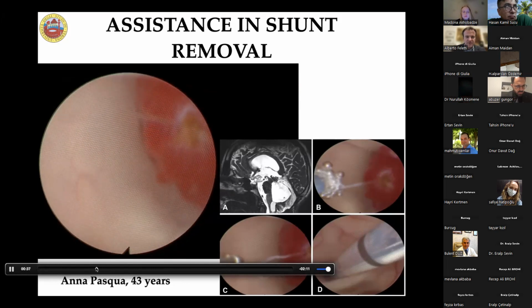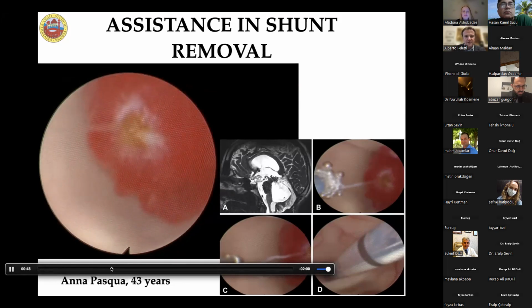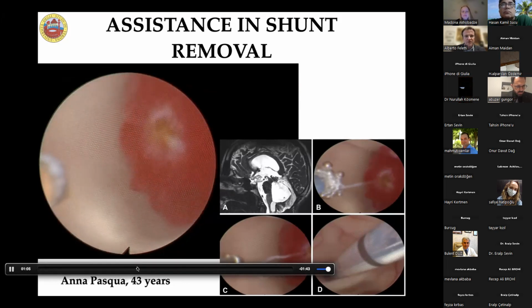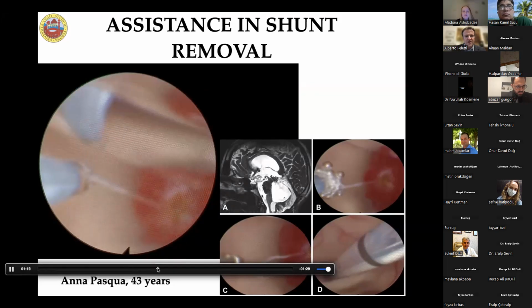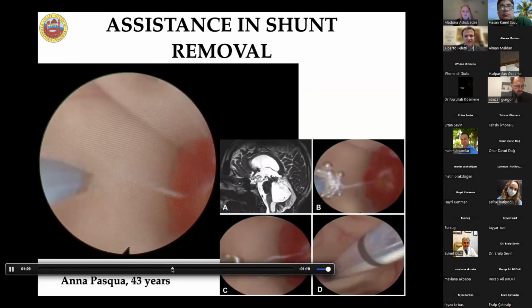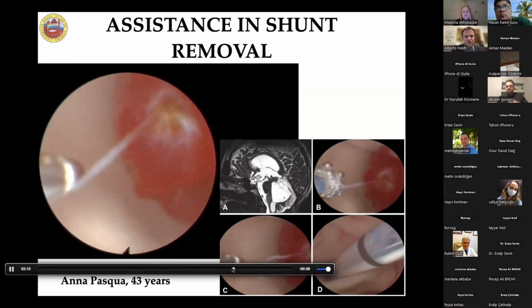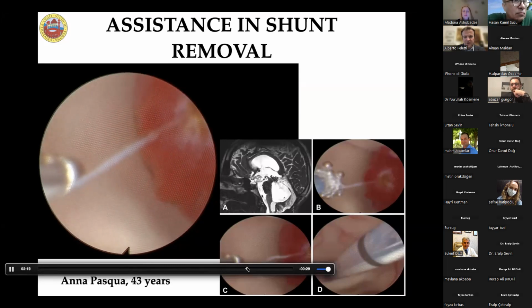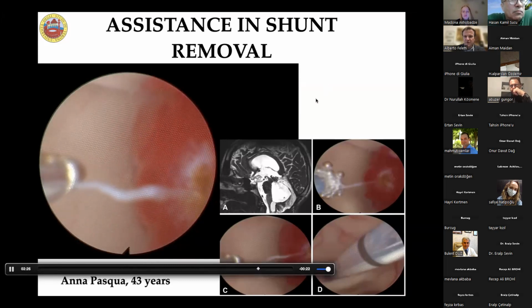So what I did was, of course, break this tiny fibrotic connection with coagulations, and then finally with a forceps I interrupted this connection, and it was possible to safely remove the catheter.